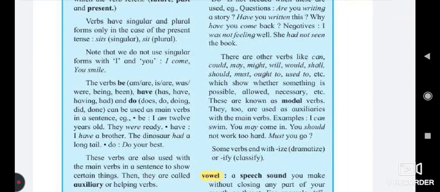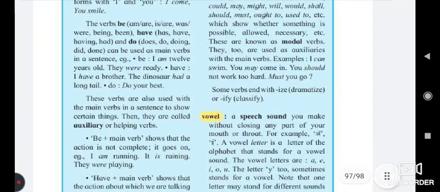Do your best. These verbs are also used with main verbs in sentences to show certain things, and then they are called auxiliary or helping verbs.